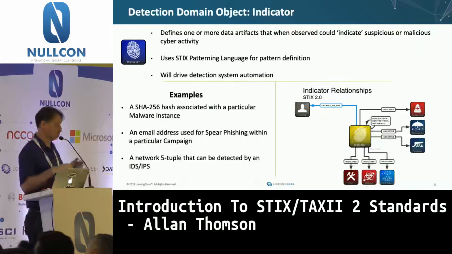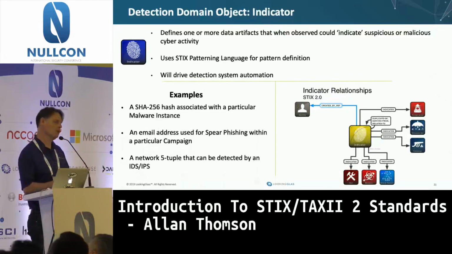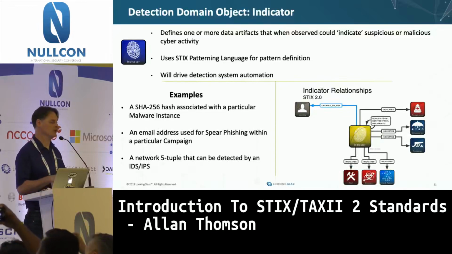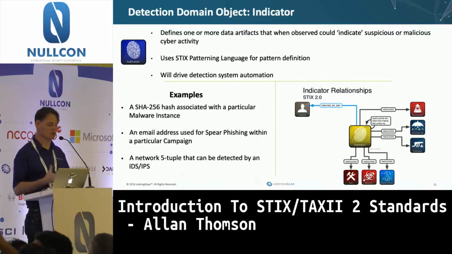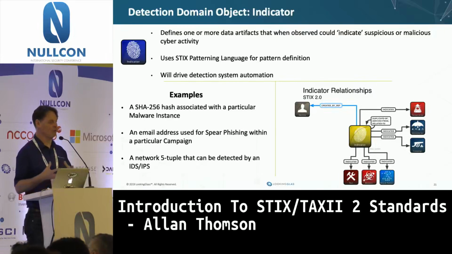Indicators are typically much lower level, but they tend to represent things that are of interest. I won't call them malicious, because there are many things that are of interest that may not be malicious. What you want to be able to do is represent what behaviors or data represent something of interest.